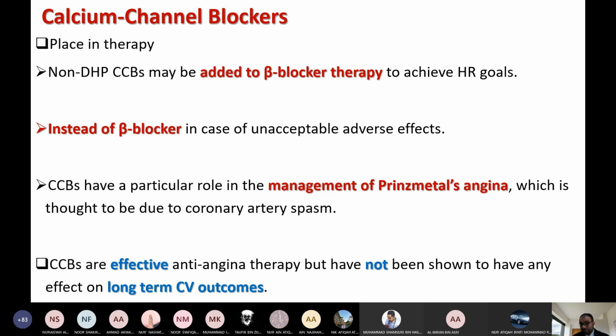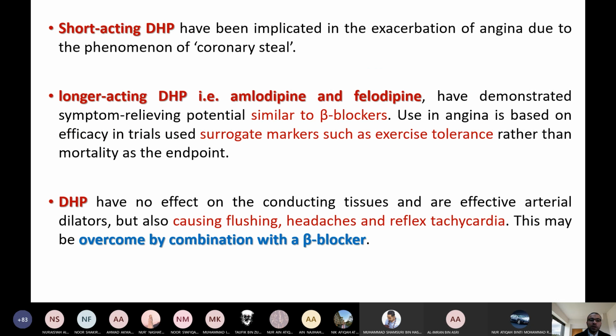And this one can be recommended for Prinzmetal angina, for which the beta blocker cannot be used. Effective, but as we will highlight in each and every one, it is not associated with long-term cardiovascular outcomes in terms of mortality and it's just symptomatic treatment.